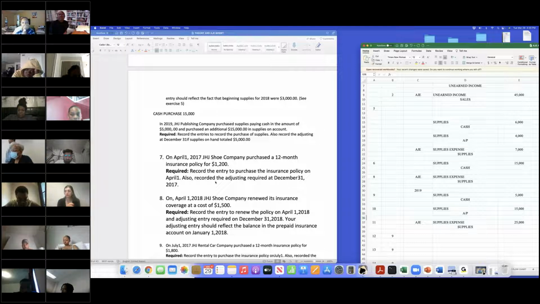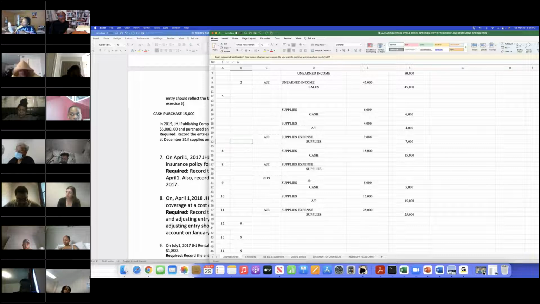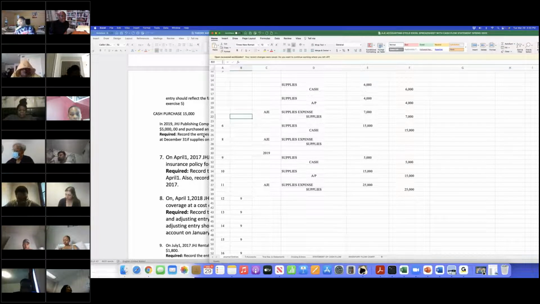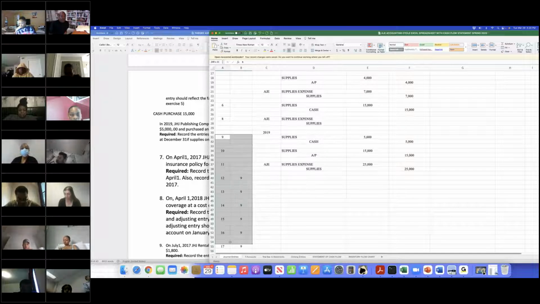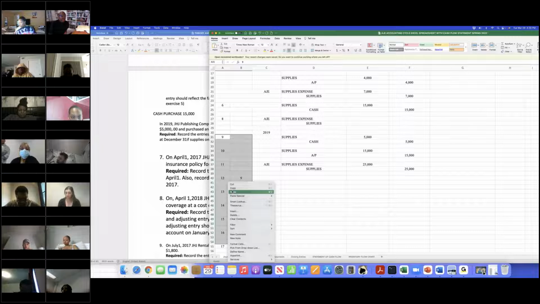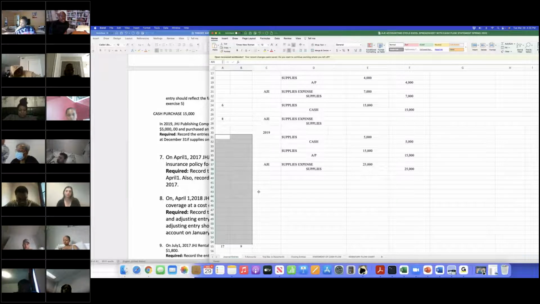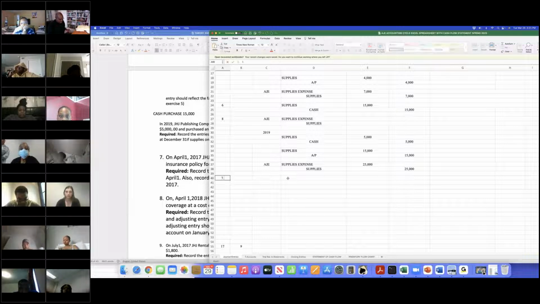Okay, so whenever we have prepaid expenses, as we have in 7, the preceding entry is always simply a debit to what? Prepaid insurance.